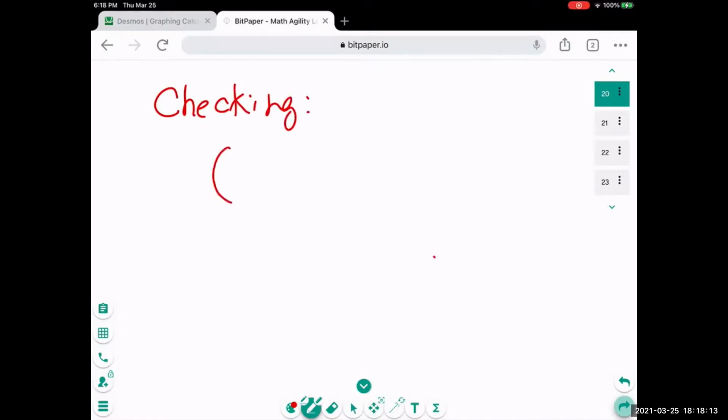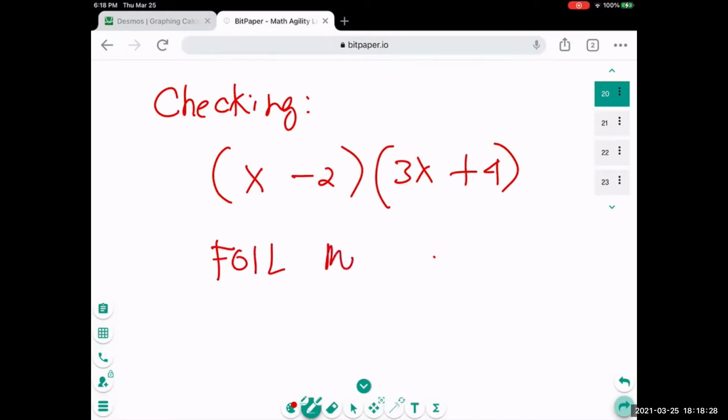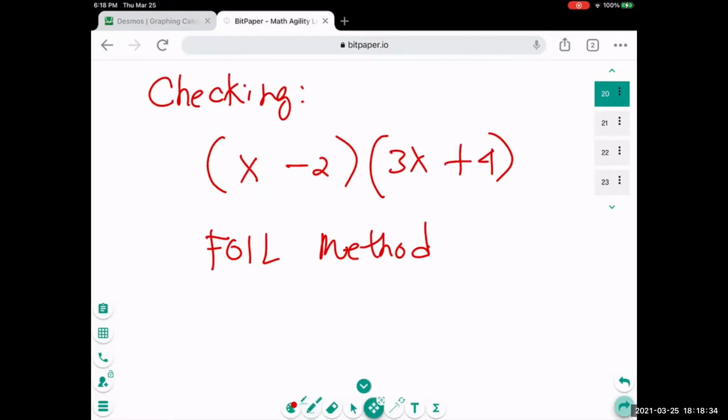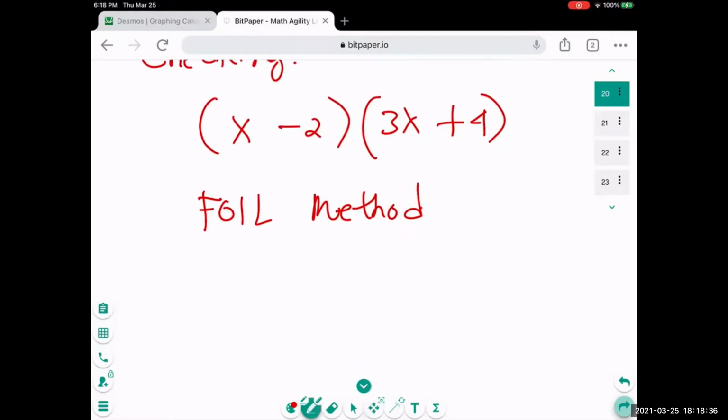So ito yung sagot natin sa ating factor, x minus 2, and then 3x plus 4. So ang gagamitin natin is FOIL method. I'm sure maraming nakakaalam sa FOIL method, pero let's try to define ano yung F. So F is yung firsts.